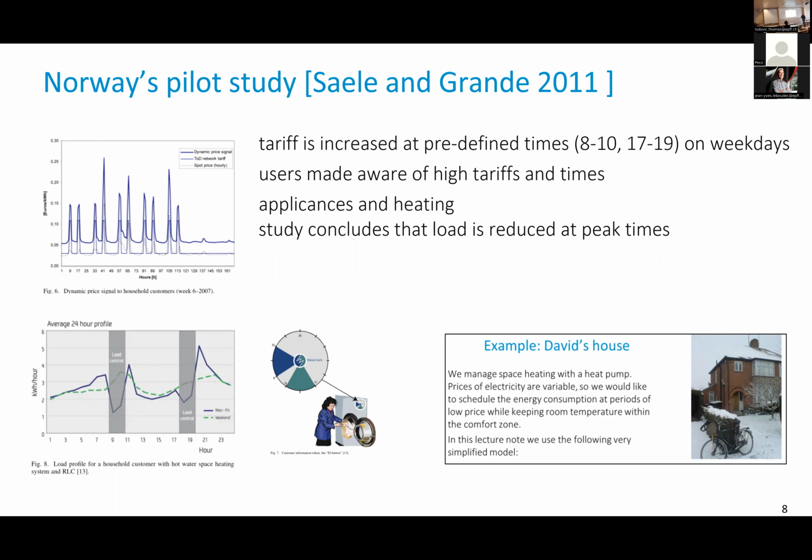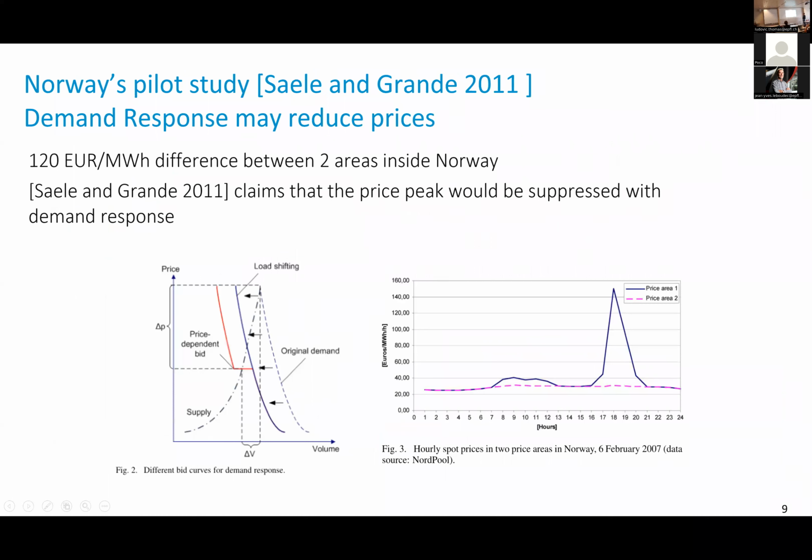If you remember our problem with the 3 nodes, the marginal cost depended, of course, on the load here. If you reduce the load at some point, you might reduce the marginal cost, and that worked. So that's an example of demand response deployed in a country with an effect on the locational marginal prices.